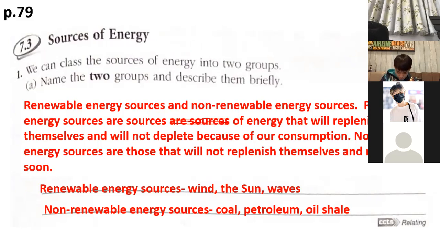Grace and PP, are you guys writing down? Yes. All right. Make sure you finish this up. This one will be the only exercises for today. Make sure you finish it and send it in the LINE group. All right, everyone?